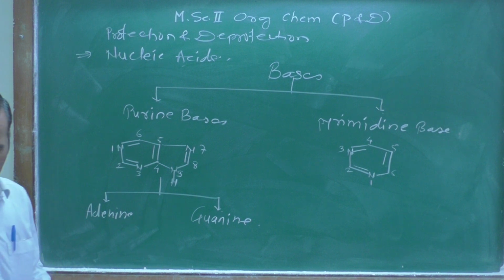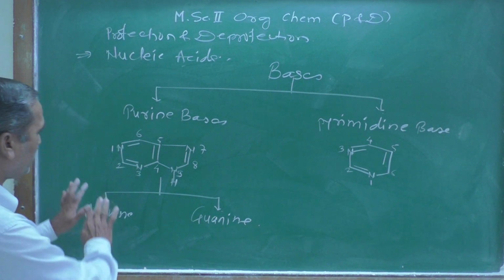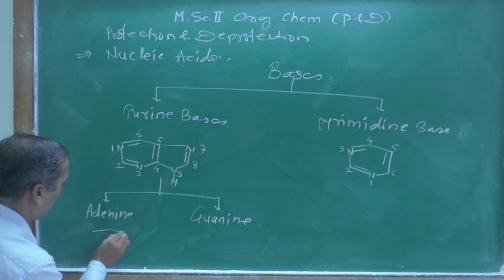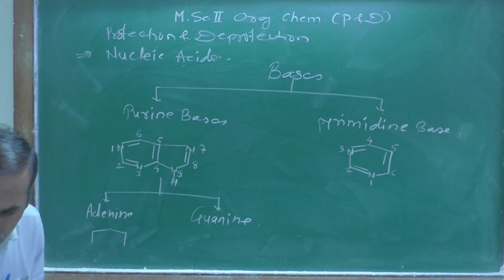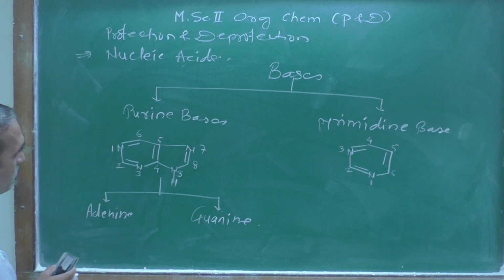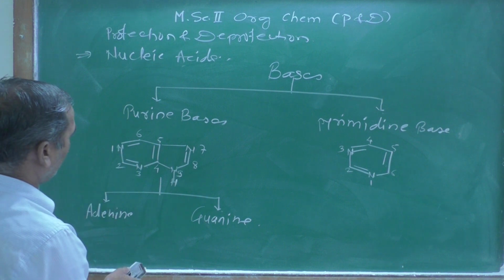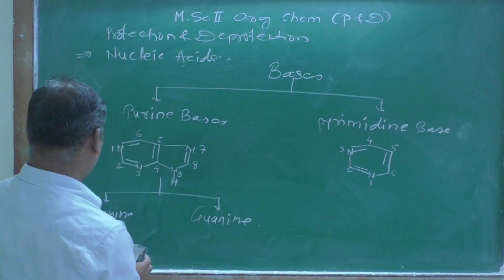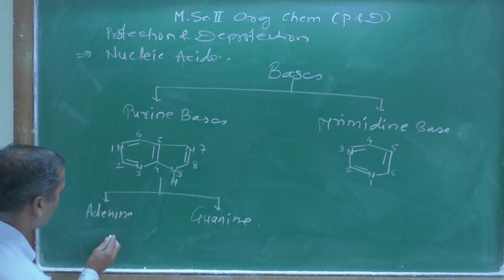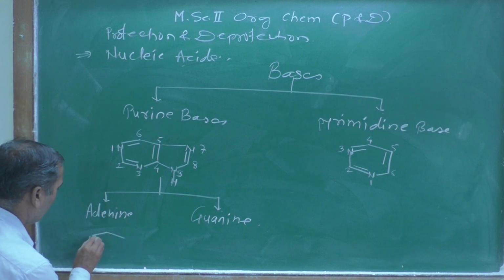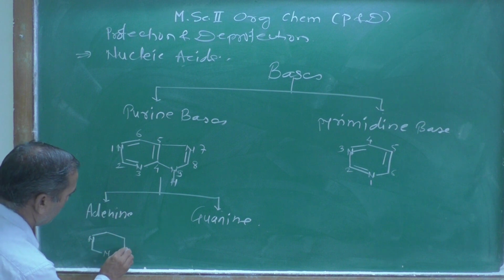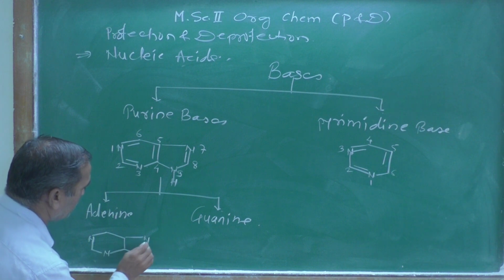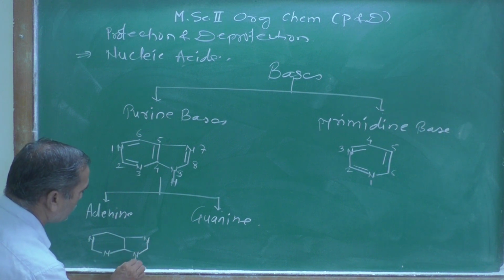Now the adenine structure. What will be the structure of adenine? This skeleton, this basic unit remains as it is in adenine. Let me draw the structure here clearly. So let us see the structure of adenine is this one: N, then at 1,3 position there will be N, then N, this H over here.